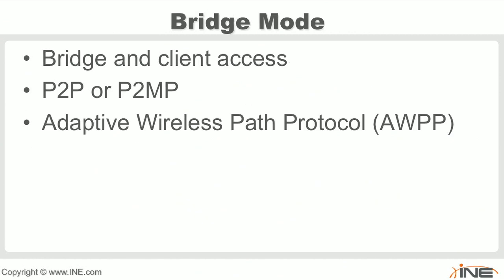Okay, there's also bridge mode. We have the ability to deal with bridging between ourselves and other access points. This is used for strictly old bridge mode, or what we tend to use it for today is mesh networks. So we also can allow for client access.